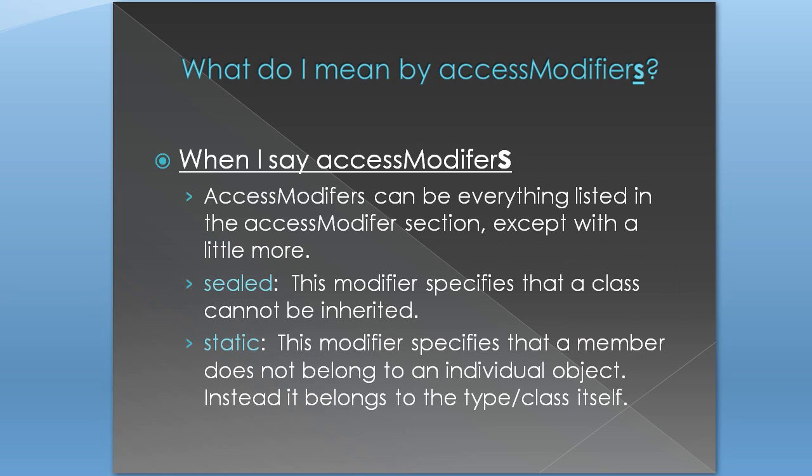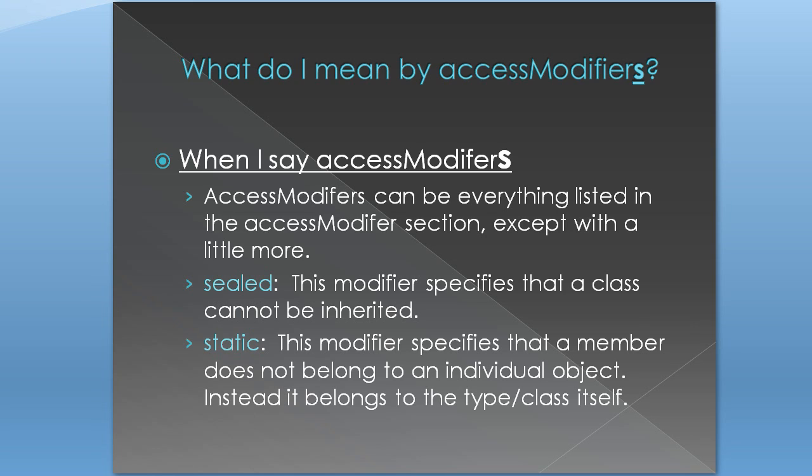Now when I say access modifiers with the S, I mean that it includes all the access modifiers that we discussed in the last slide. But also we can have sealed and static, and there's a lot more after that, like override. We'll go into more in depth on that on inheritance.